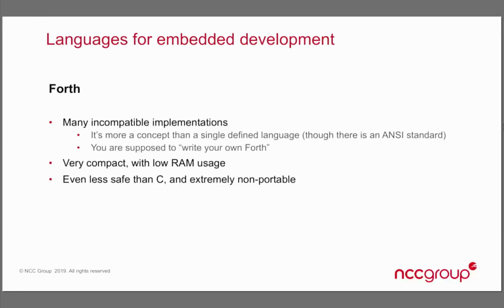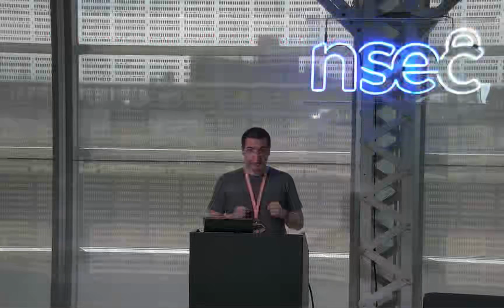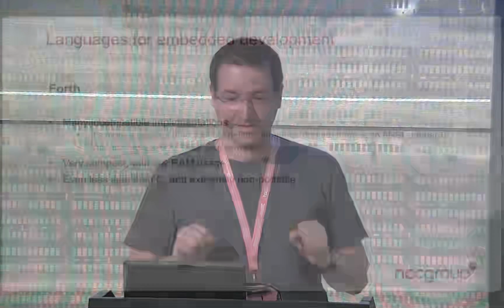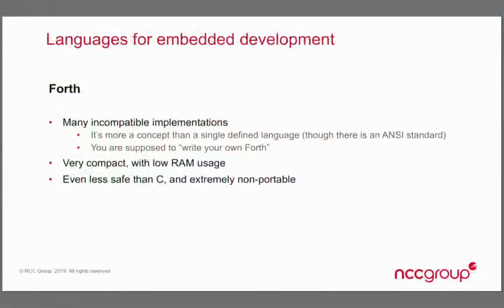And it actually works, but you end up with something which is very close to the hardware, very non-portable, and you have absolute control of everything that happens in RAM, and you can save a lot here. And as far as safety is concerned, it's less safe than C, which is, again, quite a feat. So I take it as an inspiration for a lot of concepts, but certainly not a thing to do like that right away.